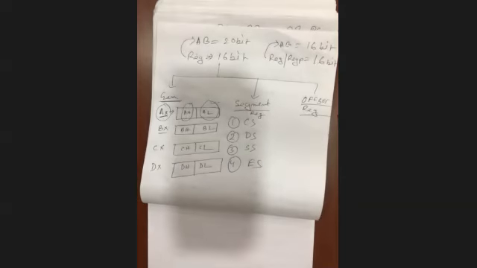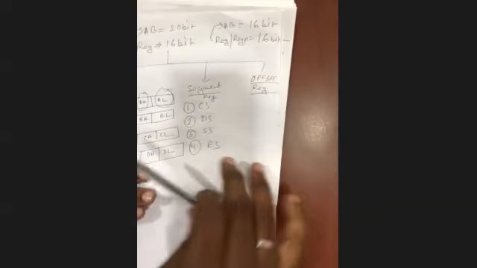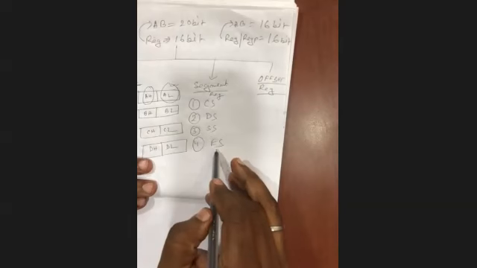I'll be explaining later what the functions are. You just write down the names: code segment, data segment, stack segment, and extra segment.